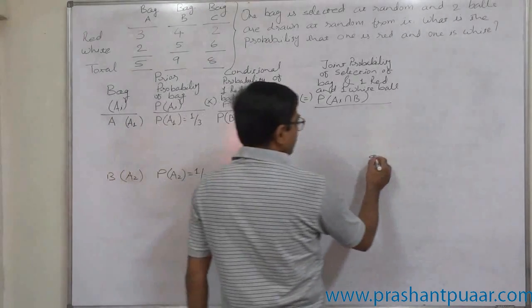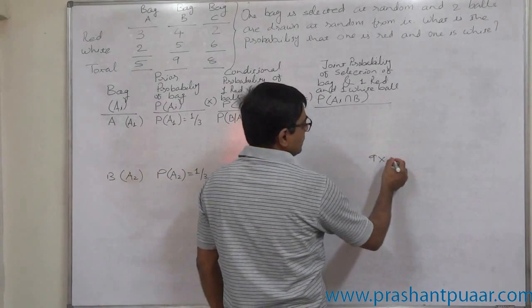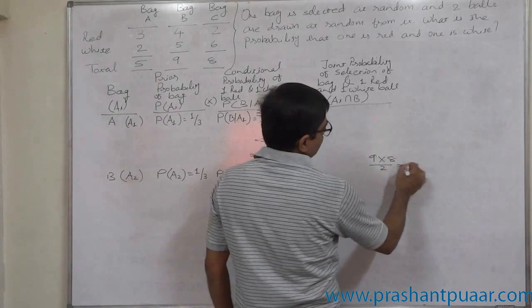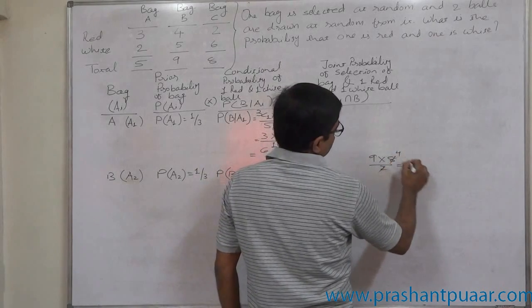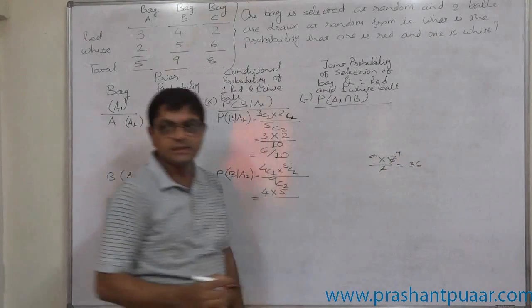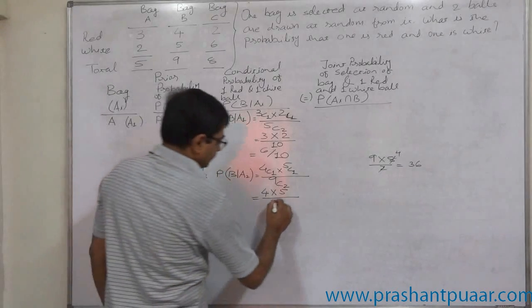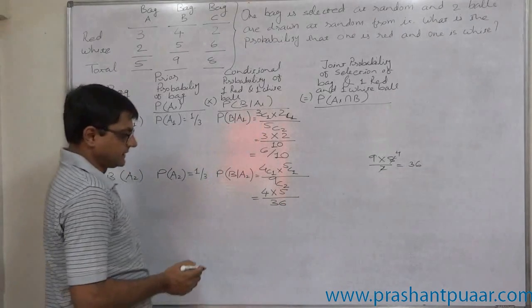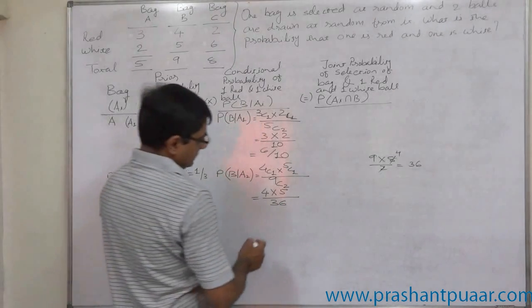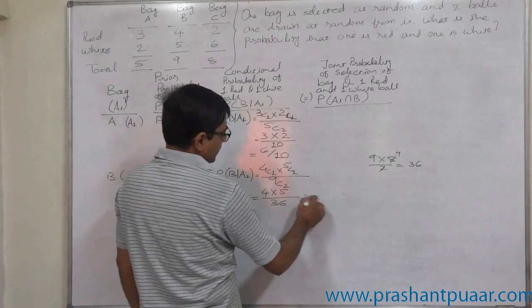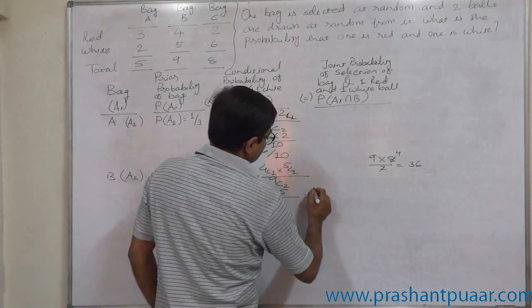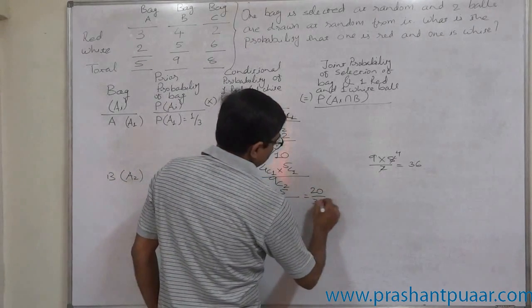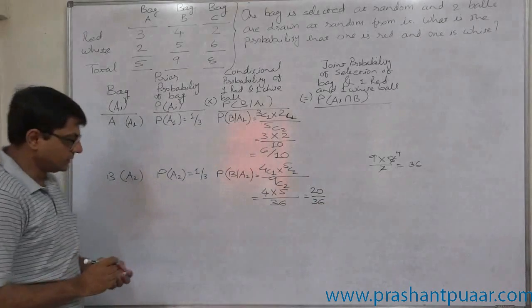It is 9 into 9 minus 1, that is 8, divided by 2. Yes, it is 36. Again, we are not going to simplify it now. 20 divided by 36.